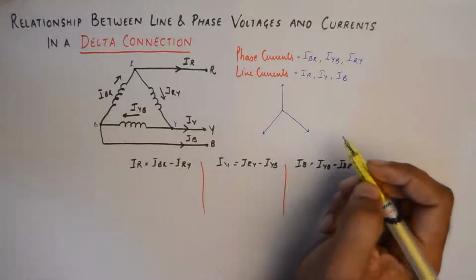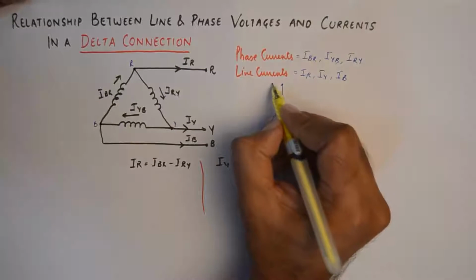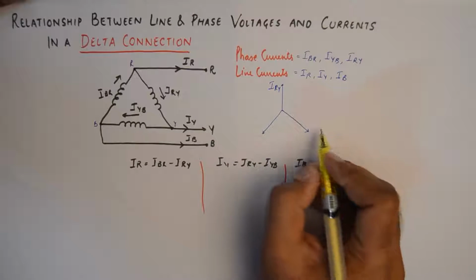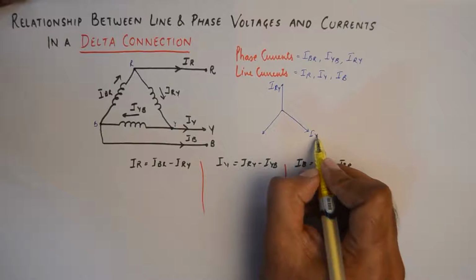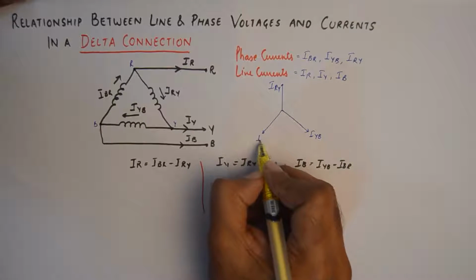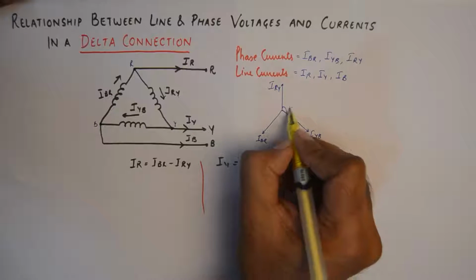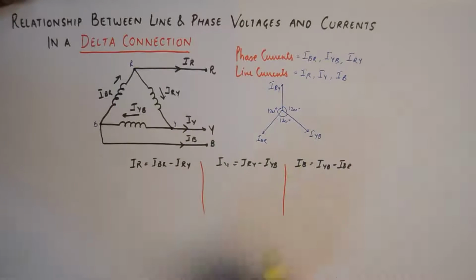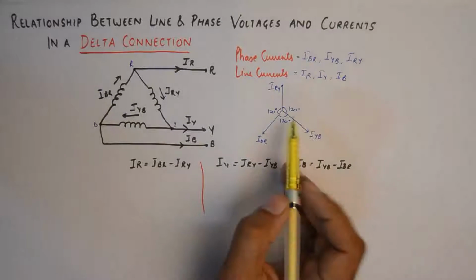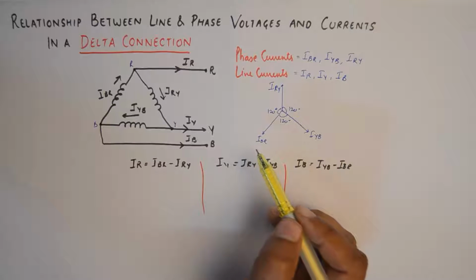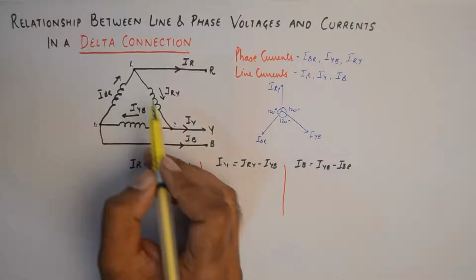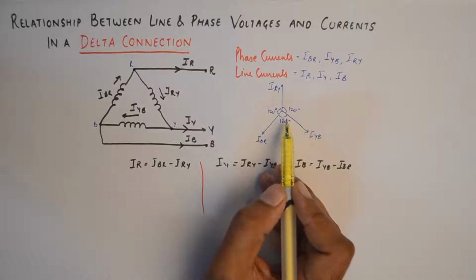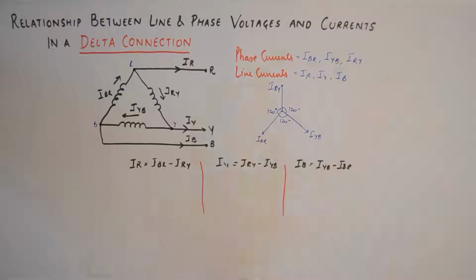We know that in three-phase circuits, these phase currents are going to be separated from each other by a phase of 120 degrees. So drawing the very basic nature of the phase currents in a delta connection, the three phase currents are going to be separated from each other by an angle of 120 degrees.